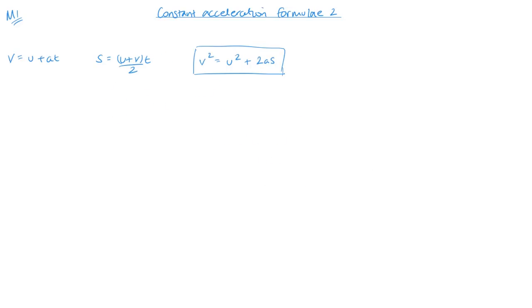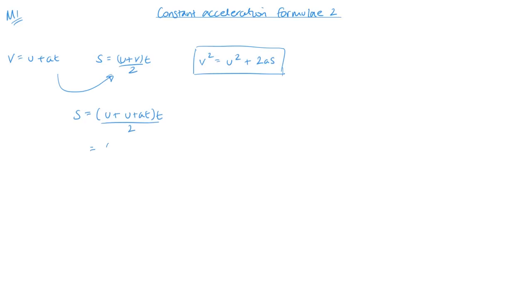Now, for the next one, I'm going to substitute this into this equation. So I'm going to substitute this in here. And that gives me S equals (U plus AT) times T all over 2.